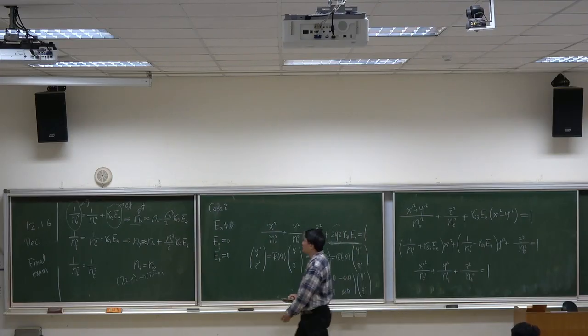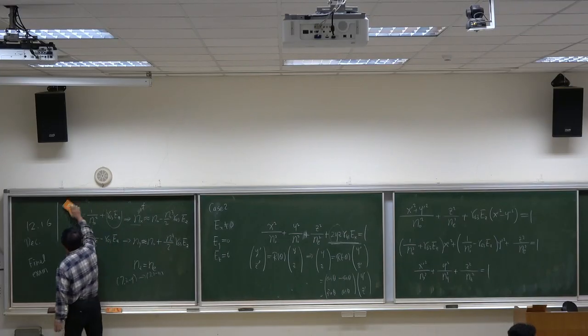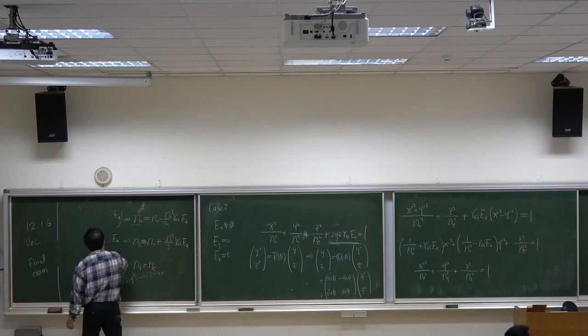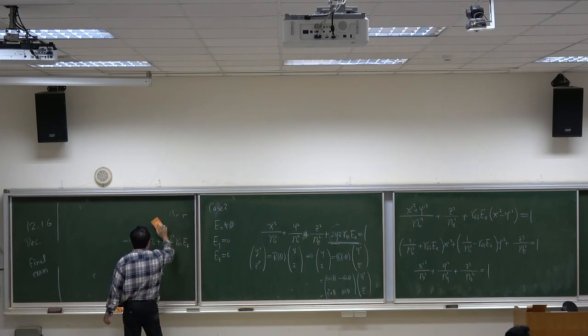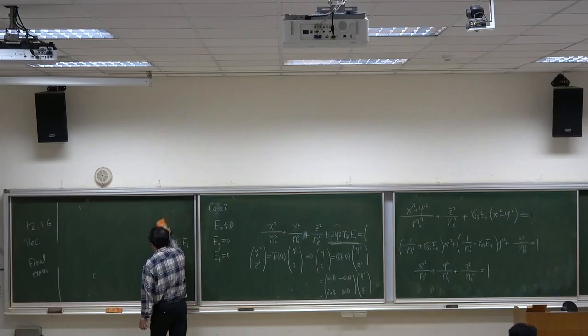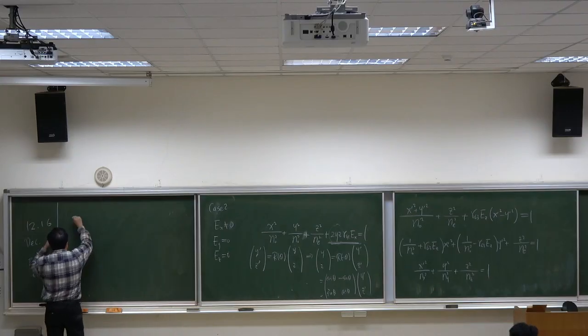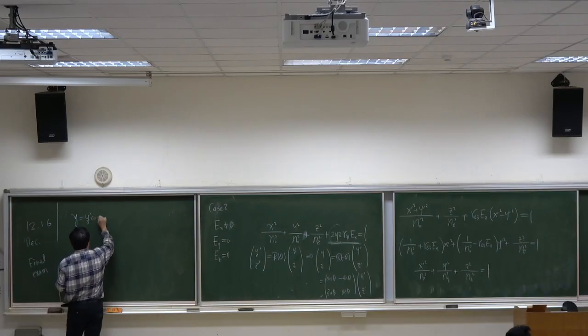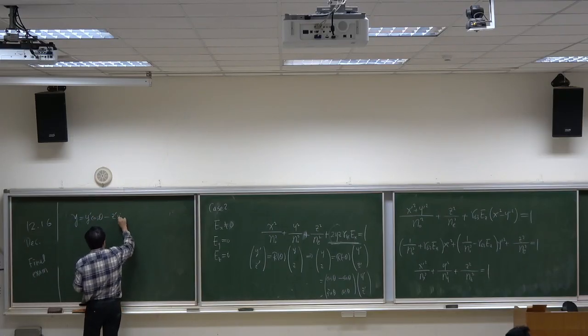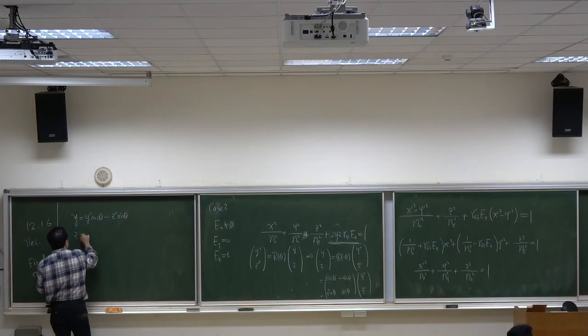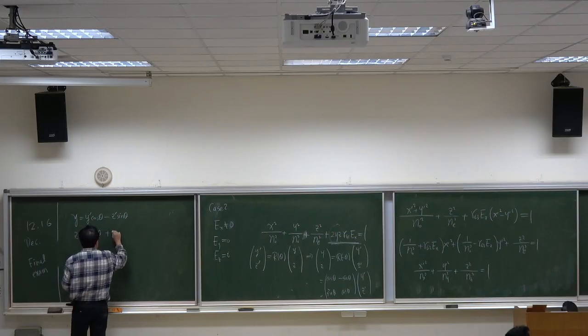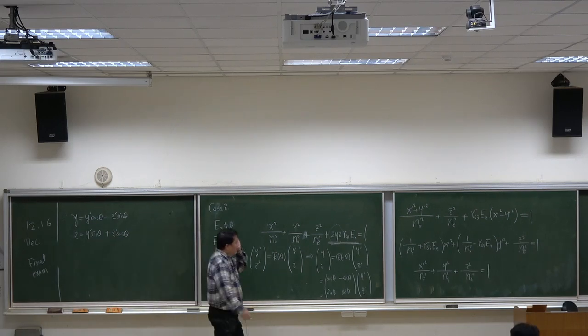So this means that y is equal to y prime cosine theta minus z prime sine theta, and z is equal to y prime sine theta plus z prime cosine theta.